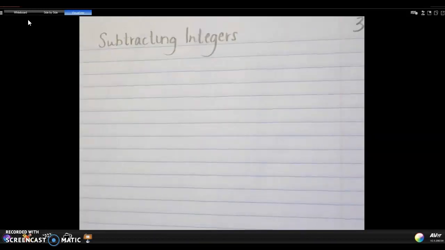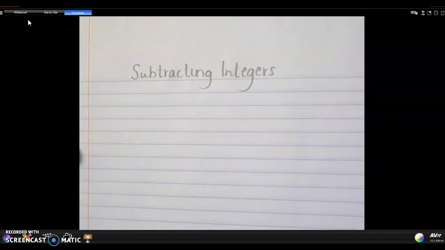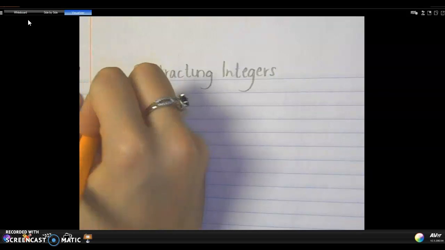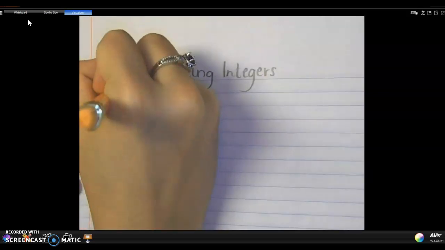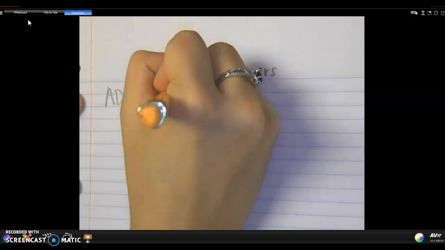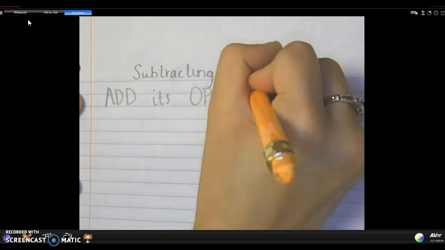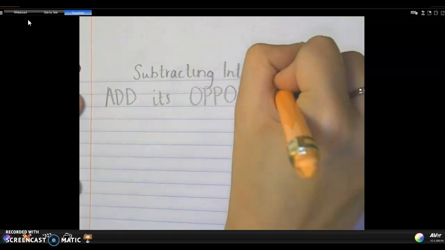Alright, so when we subtract integers, the main thing that we need to remember is that you add its opposite. We're adding the opposite.